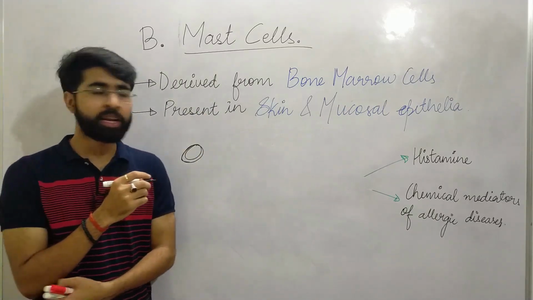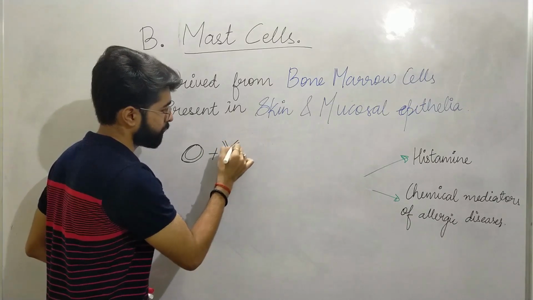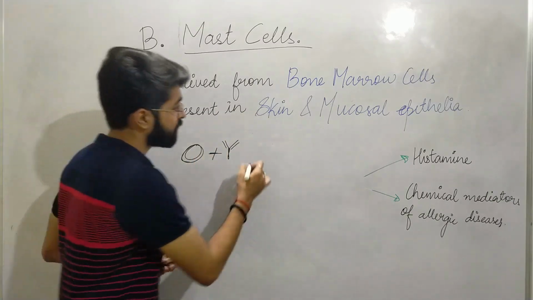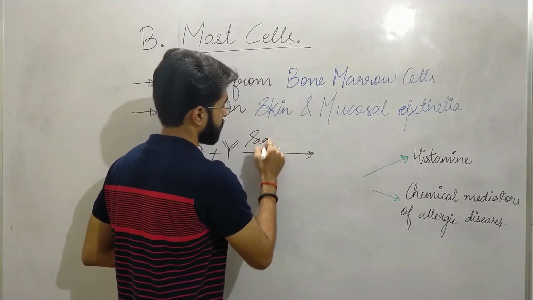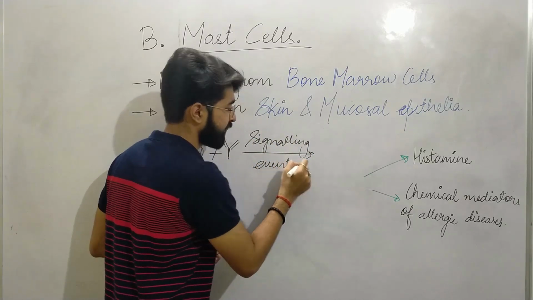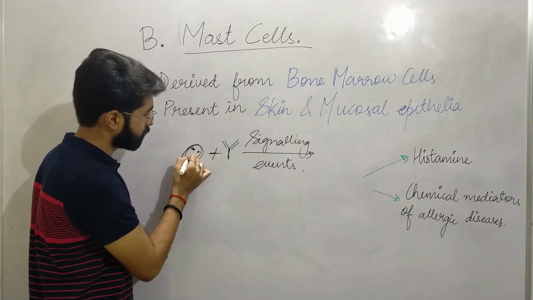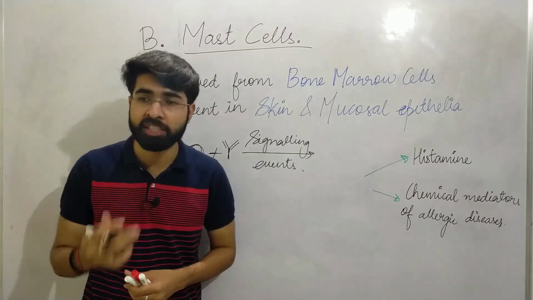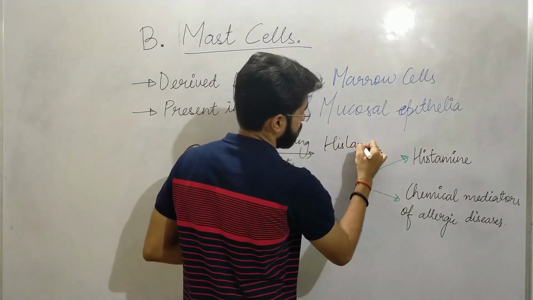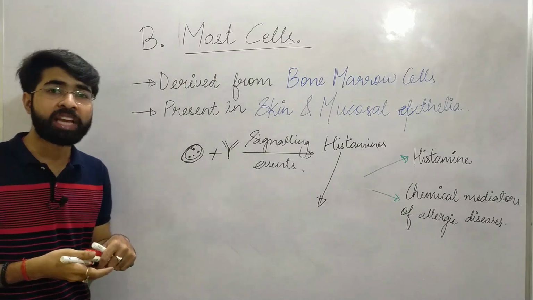Whenever an antibody, this is an antibody, I show it with a Y, and this mast cell have an interaction, a series of signaling events starts to occur, and the granules of this mast cell contain histamines, and these histamines promote changes in the cell.